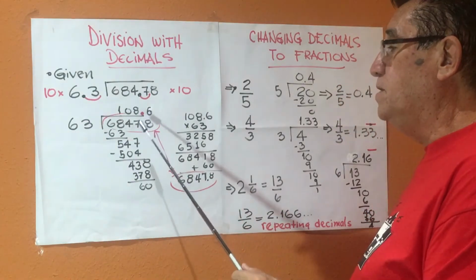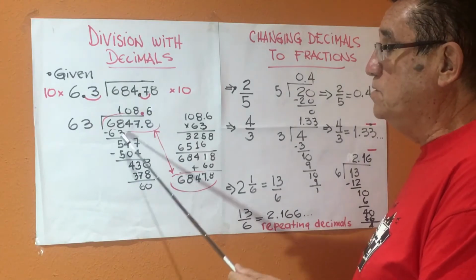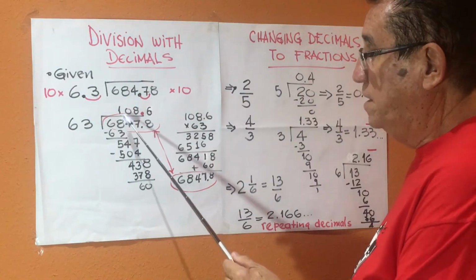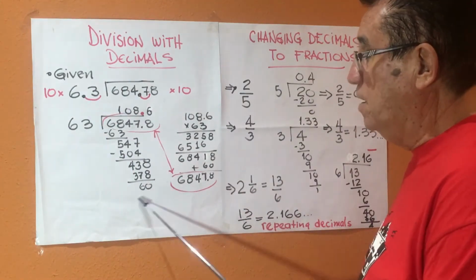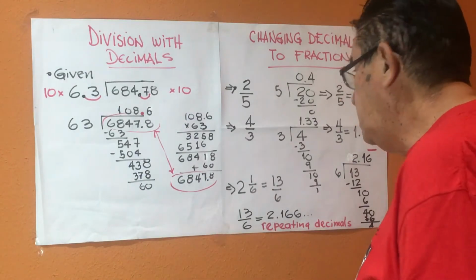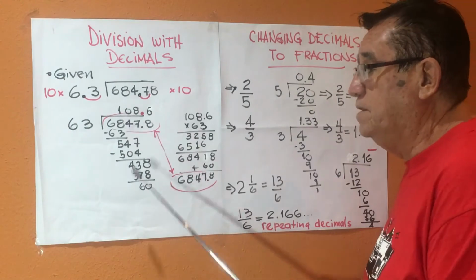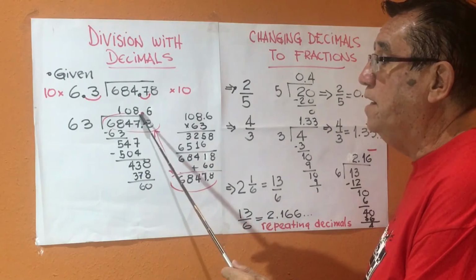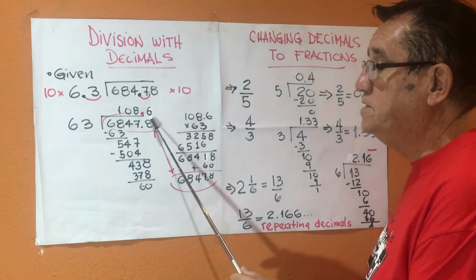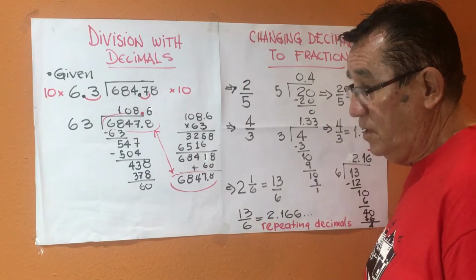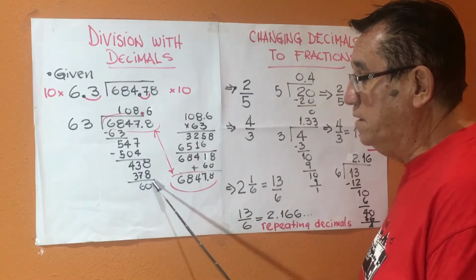So we continue to do the division as we know. We can see here the development of the division that everybody knows how to do, and the quotient is 108.6. Okay. And we have the remainder.